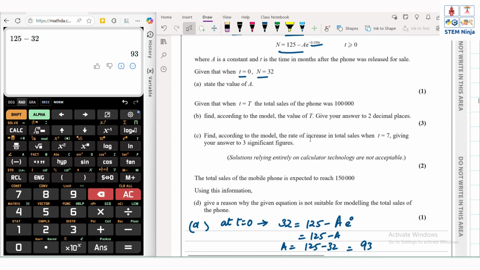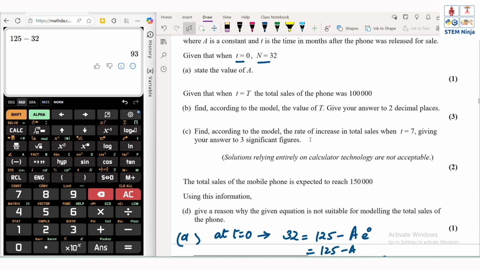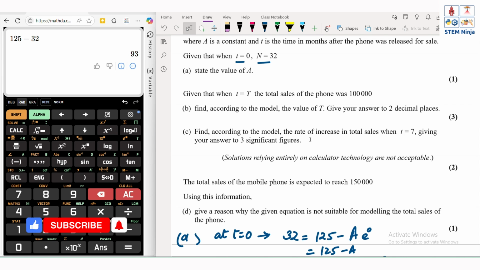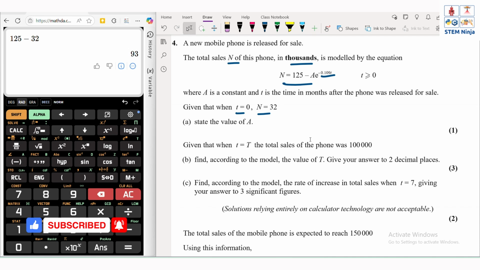Now, given that when T is equal to capital T, the total sales of the phone was 100,000, find, according to the model, the value of T, giving your answer to 2 decimal places. First off, we would need to linearize that. We would need to take ln because we are finding the T value that is in the exponent.